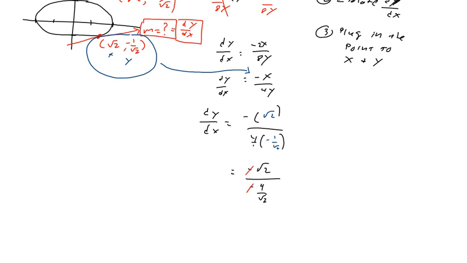And then I have a fraction over fraction, and when I have that, I do my little flip-a-do. So it becomes radical 2 times radical 2 over 4. Square root of 2 times square root of 2 is 2 over 4, which becomes 1/2. So the slope is 1/2.